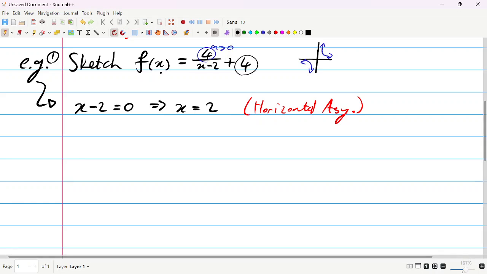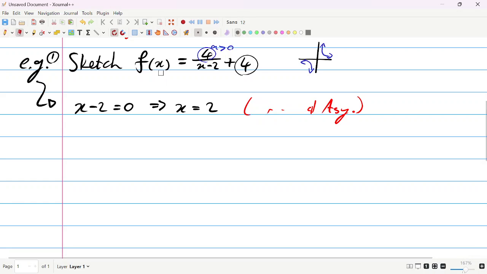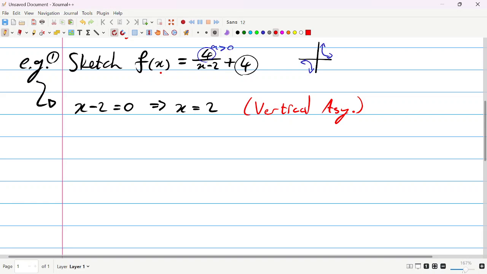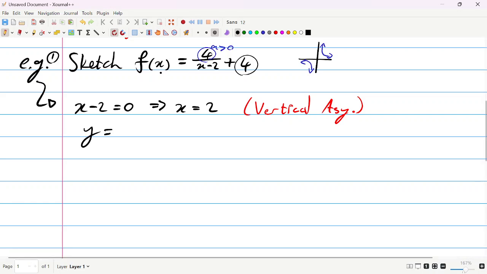This is the horizontal one, sorry. The horizontal asymptote is in the form of y equals q, which is 4. What is wrong with me? How on earth am I messing this up all the time?